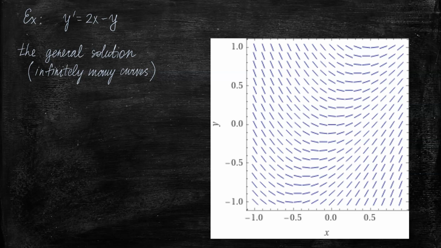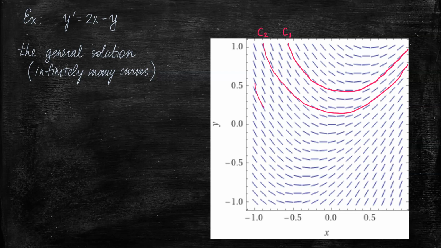So for some value c, we're going to have a curve that looks something like this. So I'm going to try to draw one carefully. Like this could be the graph of one of the solutions of this differential equation, and it would be for some c1. And then if you pick a different value of c, you may end up with a different curve. So for example, this could be c2, and so on.